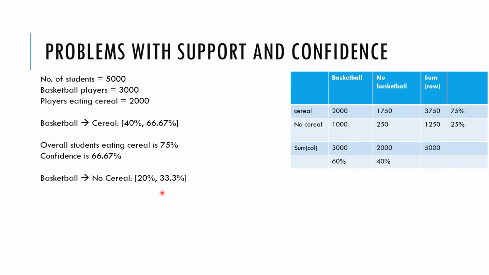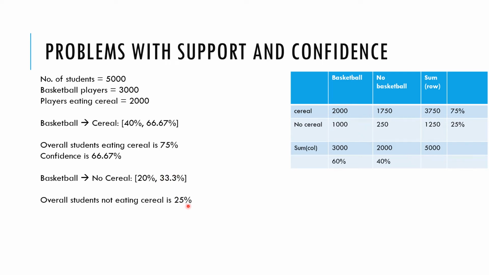Now we look at the other rule: basketball player not eating cereal. If you look at this rule, the overall percentage of students who are not eating cereal is only 25%, while the percentage of basketball players who are not eating cereal is 33%.